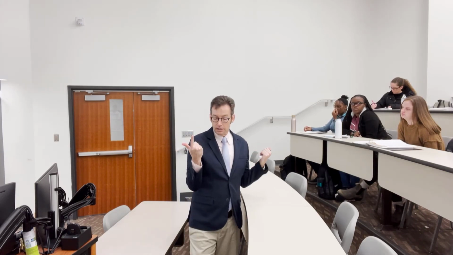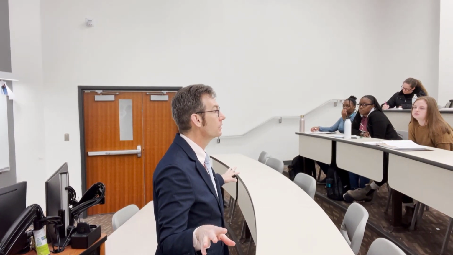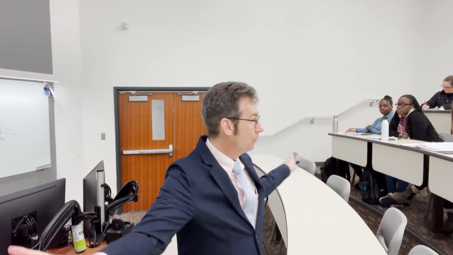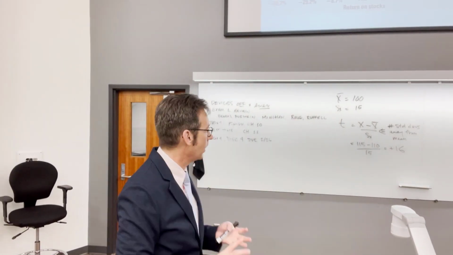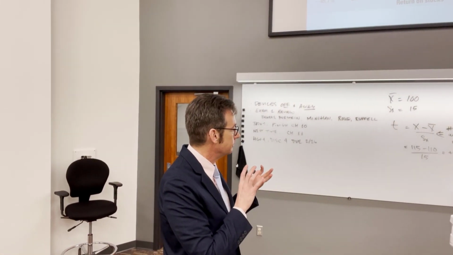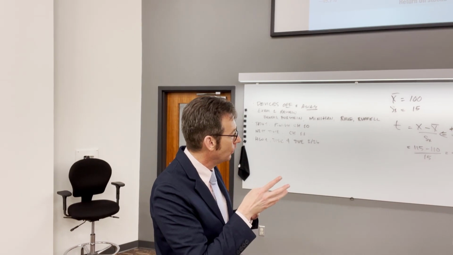Okay, and the second thing that I know is that the total probability under the distribution is how much? Under the whole thing. Close. Yeah, under the whole thing's 100. Plus or minus 3 is 99, right? But remember, it goes on forever in both directions. So now I know that I'm plus 1 standard deviation.